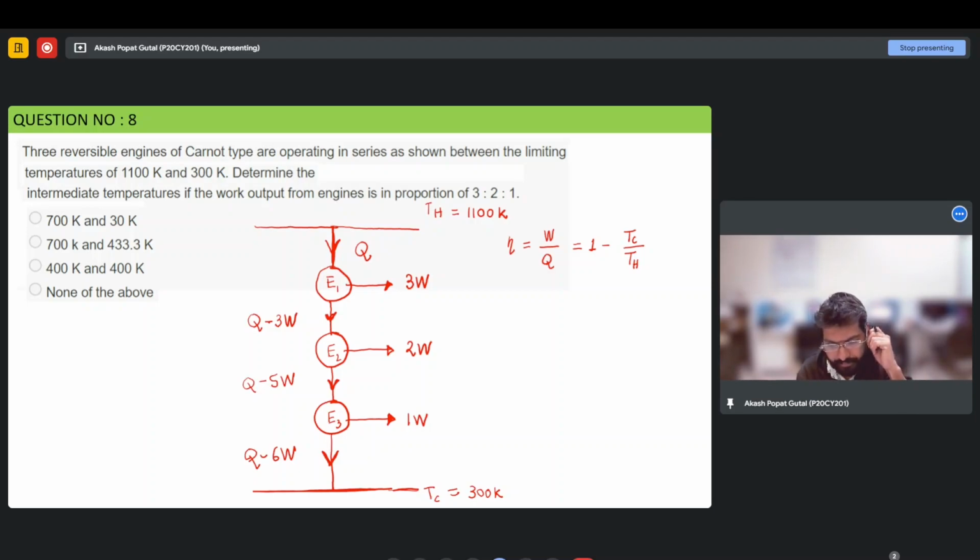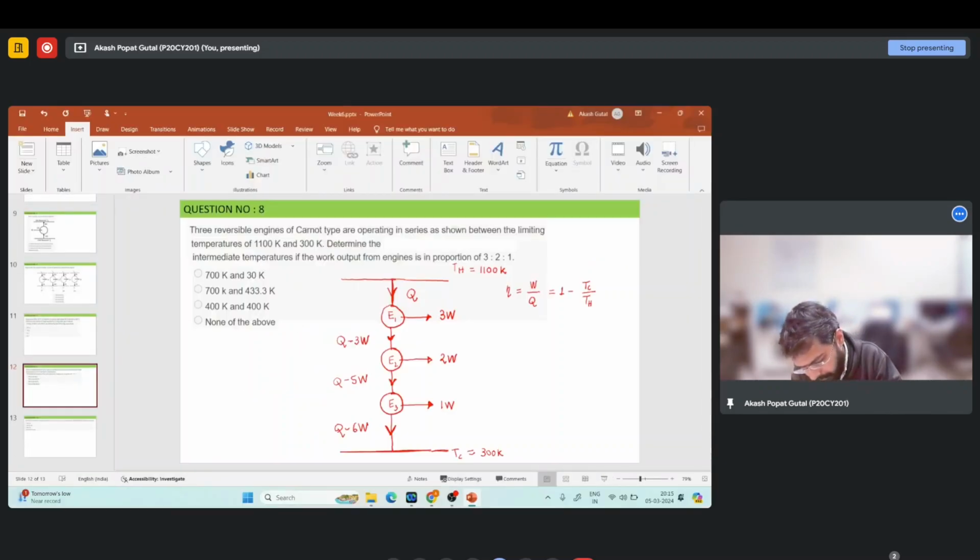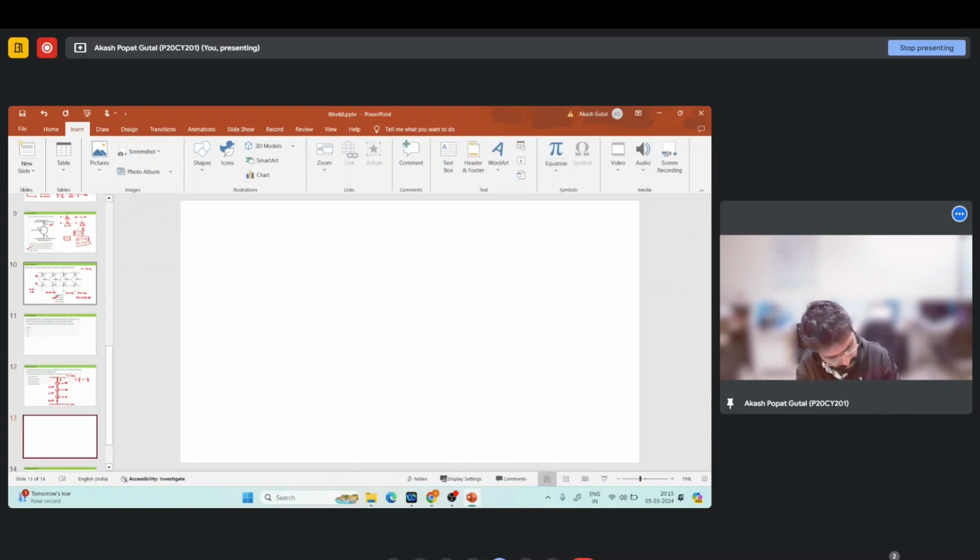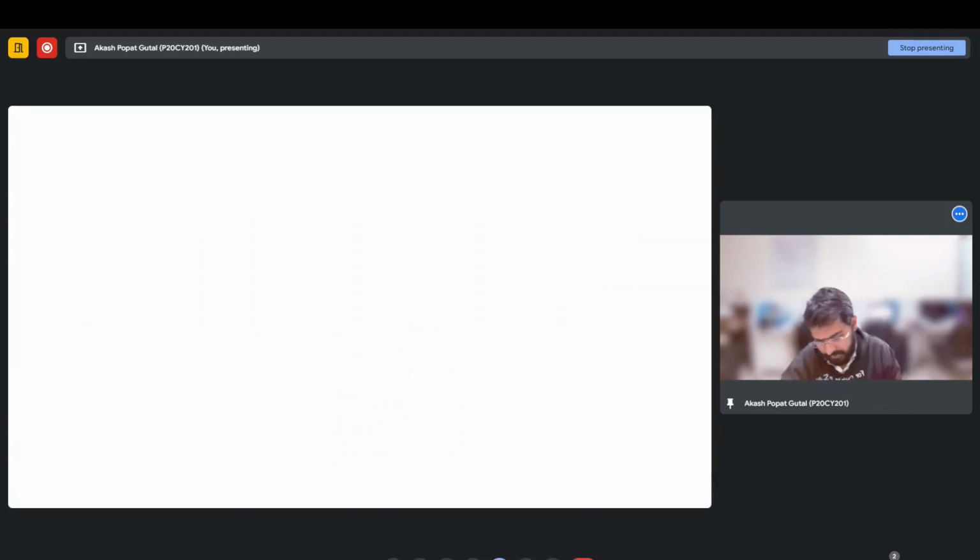Let's write these efficiency formulas for the three engines. We will have three etas. Let's write in terms of temperature first. Let me add a new slide.